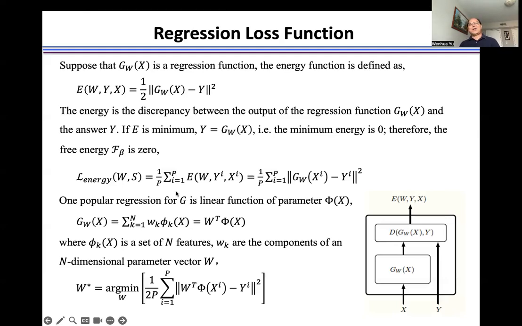So how can we further express this loss function? Suppose G is a linear function, for example, in a popular way. G is a linear function of the parameters, with capital Phi, and then we get the regression as this summation.